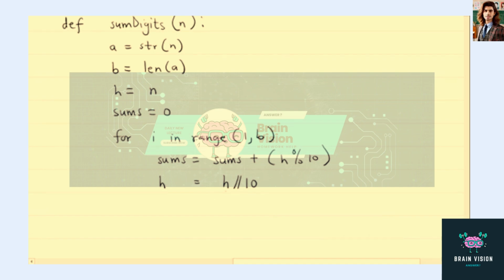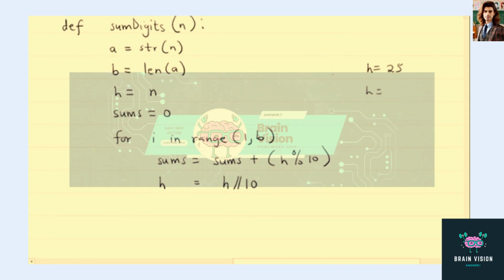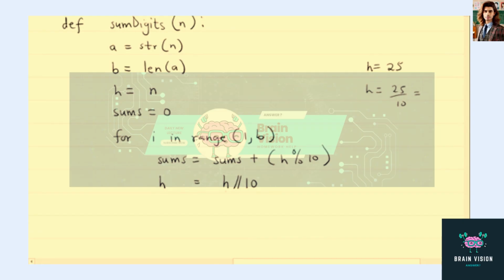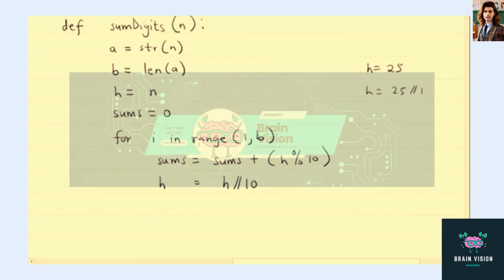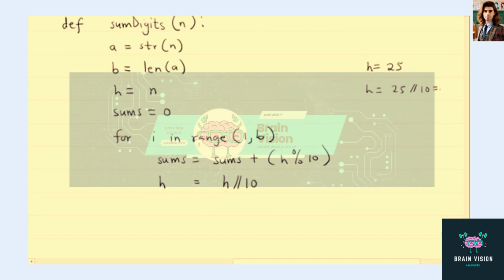So for example, if you have an h which was 25, the next time you divide 25 by 10, you are getting 2 instead of 2.5. So this makes sure that when you divide it by 10, your h becomes 2. By so doing, you remove the 5 out and you have the 2 there, because you have already dealt with the 5 with the modulo.